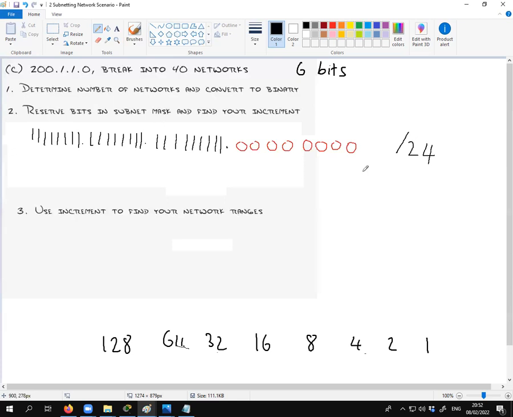Now, what are we going to be doing? We're looking for 6 bits of network, 6 extra ones. Your 1 bits are your networks, your zeros are your hosts. That's so important. It's all about the ones and the zeros.